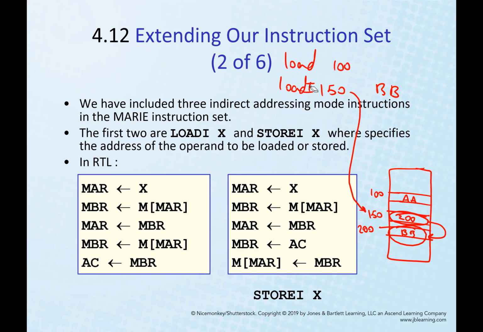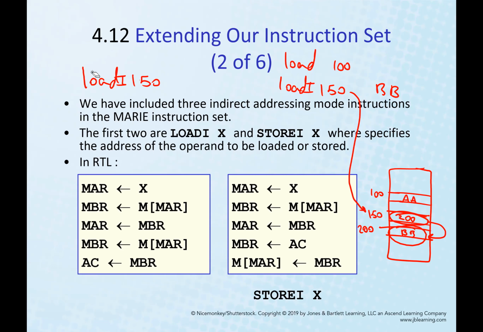So can you tell me what would be the content of the accumulator if I just use direct addressing, load 150, not indirect? Number 200 will be loaded to the accumulator. But if I say load I 150, it means that inside the address 150, we have the address of the data.